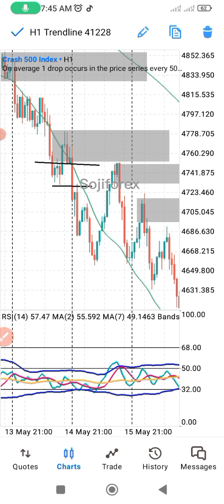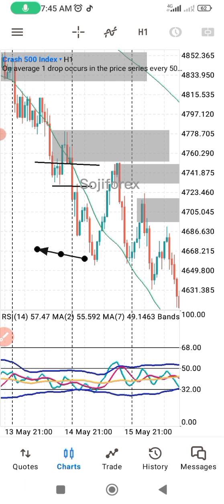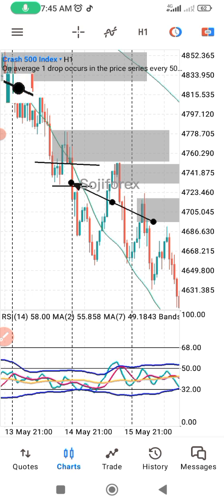So what are we referring to as the imbalance here? We are referring to this gap between this level and this level as our imbalance.